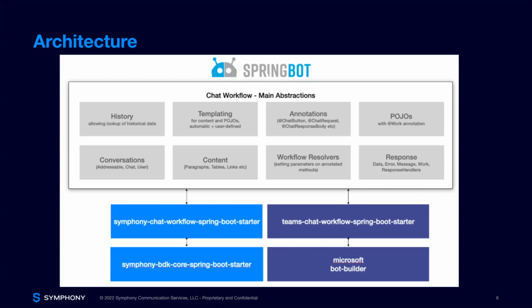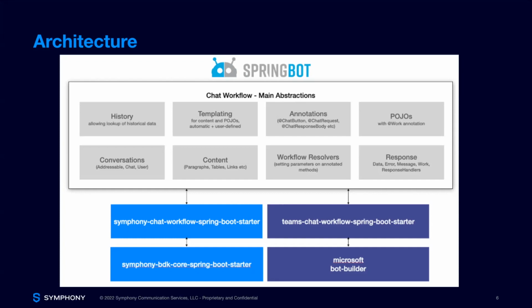It will render as FreeMarker if it's on Symphony, and it can render as a form or just for display. If it's going to Teams, it will use either Teams HTML format or an adaptive card. It will generate these templates for you, or you can override them. So we have this abstraction on top of the templating facilities provided in both these frameworks so that you can just use POJOs.